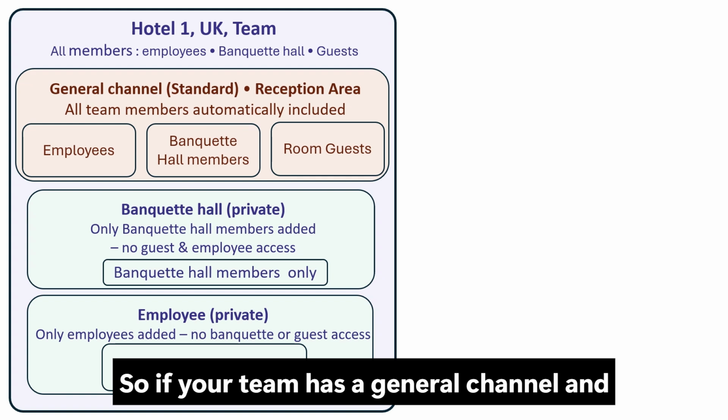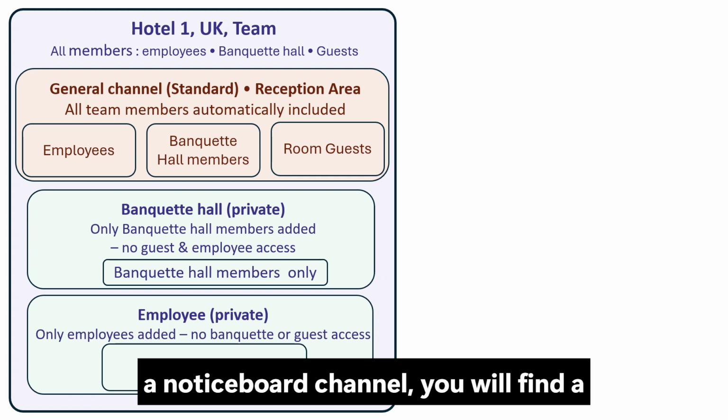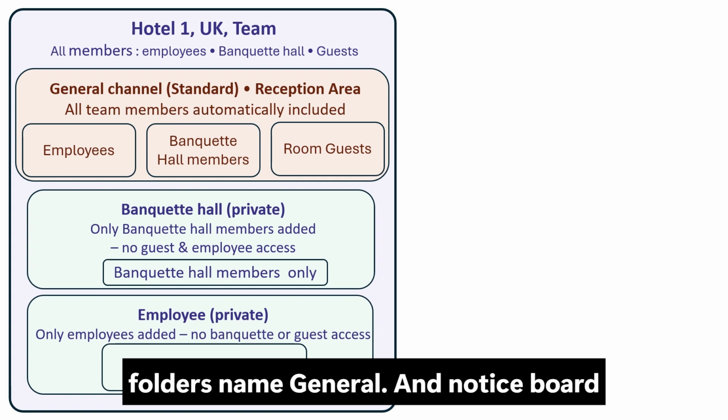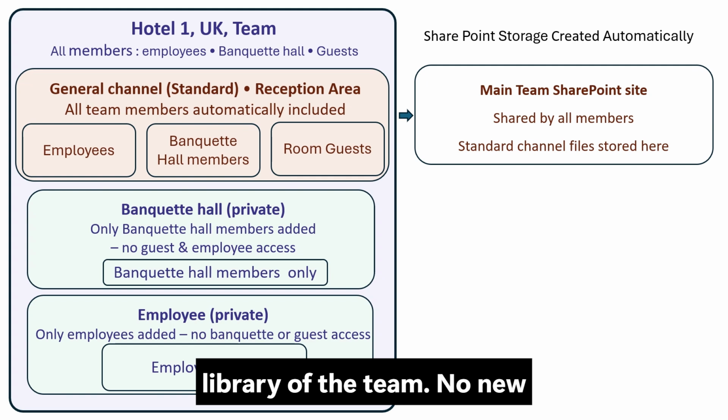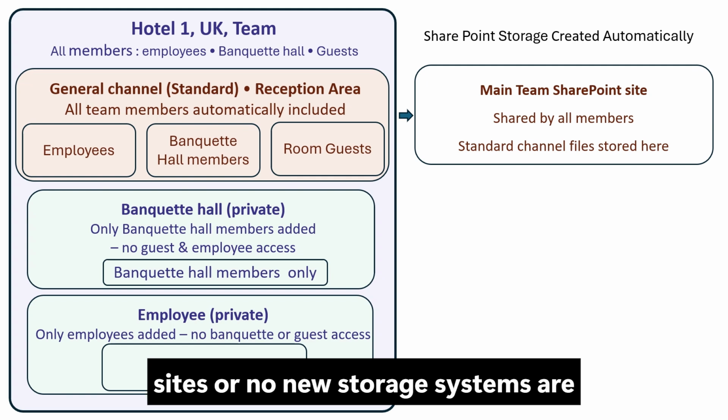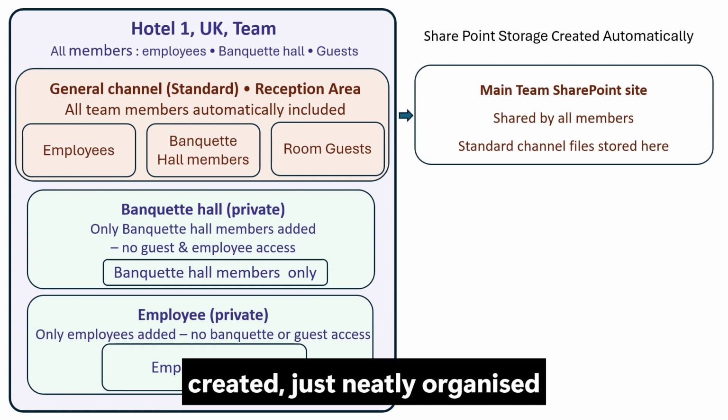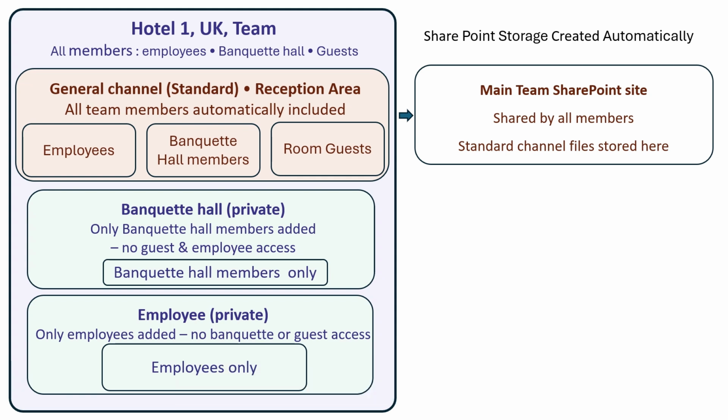So, if your team has a General channel and a notice board channel, you will find folders named General and notice board sitting inside the same document library of the team. No new sites or new storage systems are created. Just neatly organized folders all in one shared space.